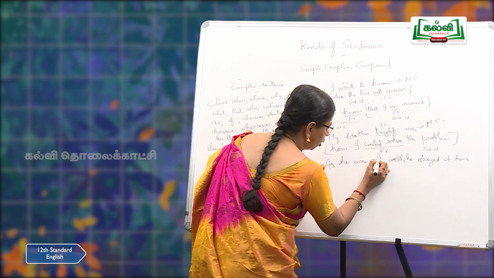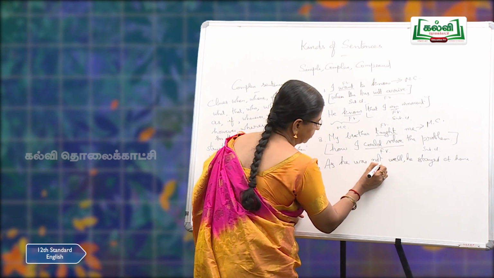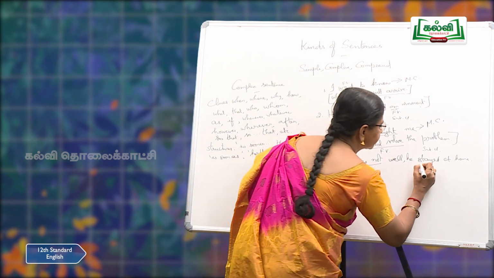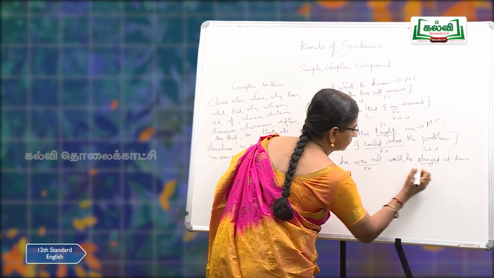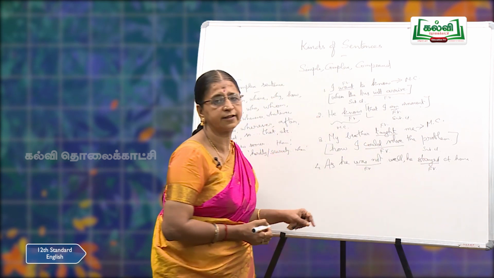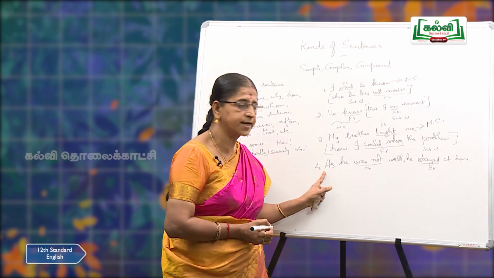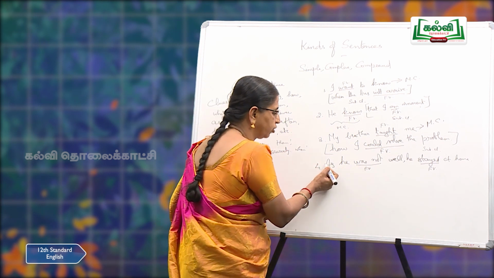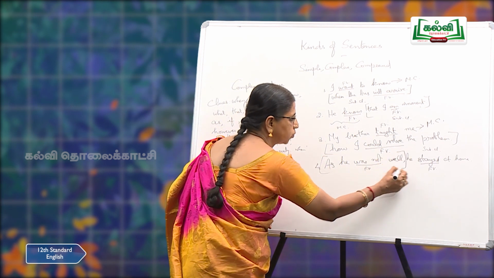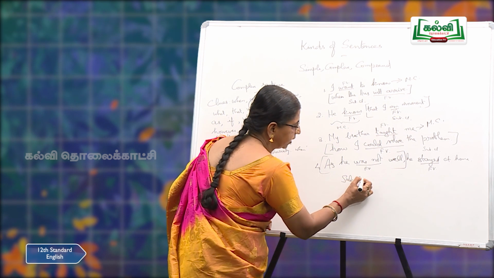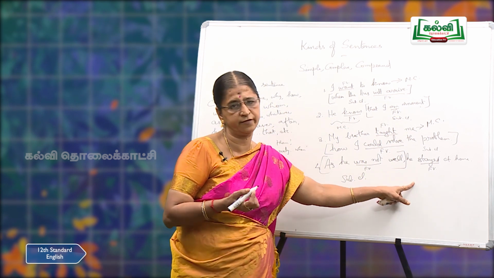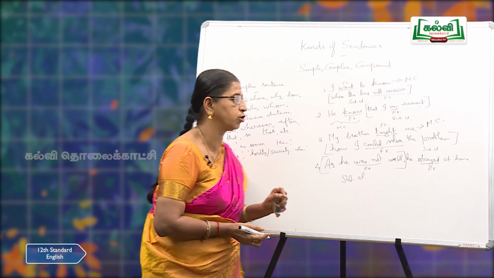Now was not well, this is your finite verb. Stayed is another finite verb. Which is your clause marker? As. What are the words that follow this? As he was not well. So this is your subordinate clause. He stayed at home gives you complete sense, that is your main clause.